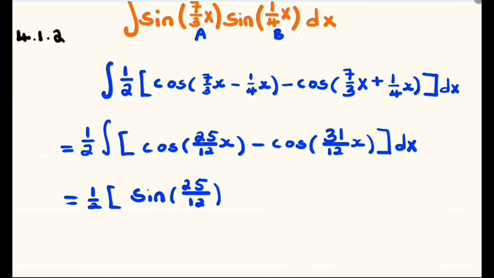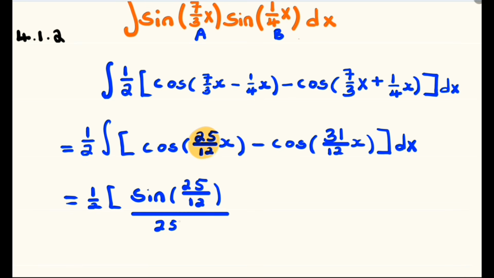Remember that if we were differentiating, we were going to multiply by the derivative of the inner function, the 25 divided by 12. So now we are integrating. We are not going to multiply, we are going to divide.